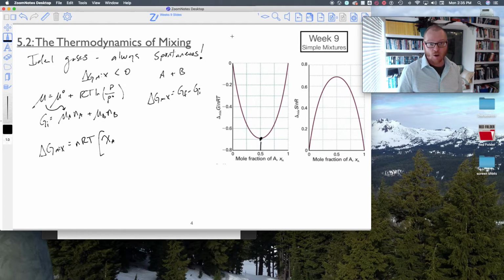Chi A, and I'll remind you, the mole fraction of A is the number of moles of A divided by the total number of moles.